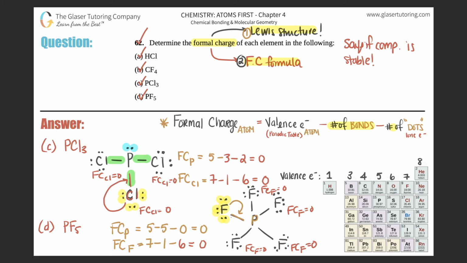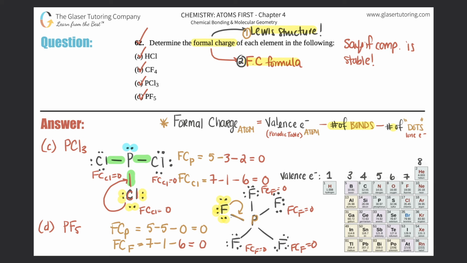But we should be able to kind of bring together some similarities here. Remember in chapter 1 or 2 when we said that groups have very similar properties, right? So the halogen group has very similar properties. The chalcogen group has similar properties. The noble gas group has very similar properties.